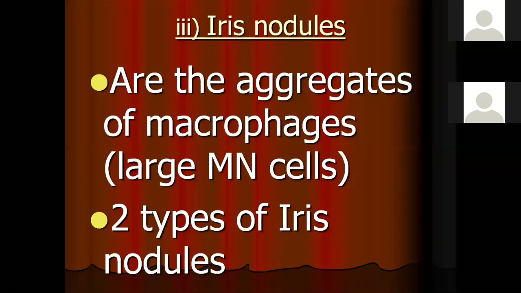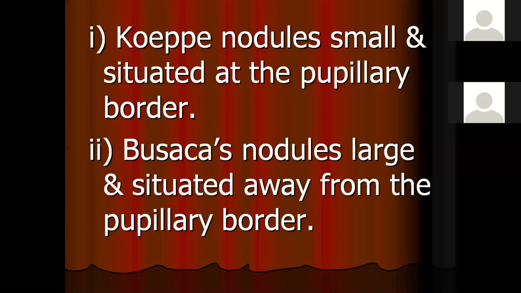Third feature, iris nodules. They are the aggregates of macrophages, which are the large mononuclear cells. Now, there are two types of iris nodules: Koeppe nodules and Busacca nodules. Koeppe nodules are small and they are situated at the pupillary border.